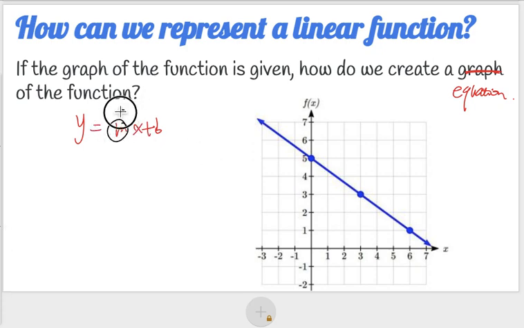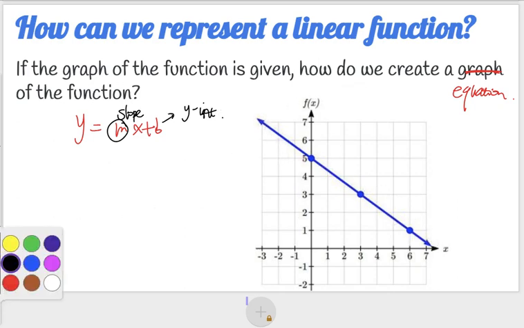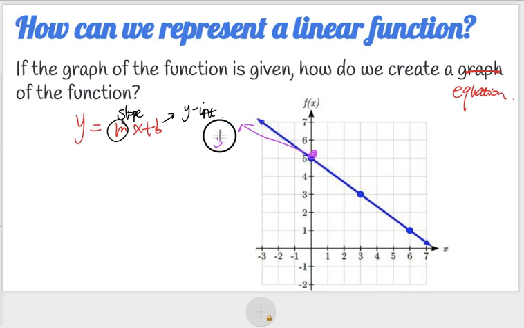One is the slope, and the other one is the y-intercept. As you can see, the y-intercept is very easy to get from the graph, because this is where the graph touches the y-axis, which is this location. So the y-intercept is 5. This is very straightforward, right? So we know the function will be mx plus 5.